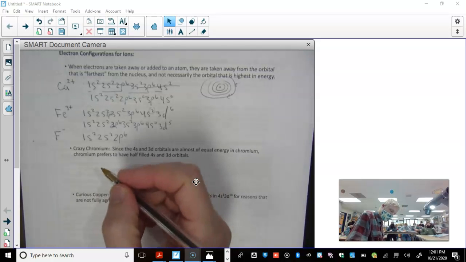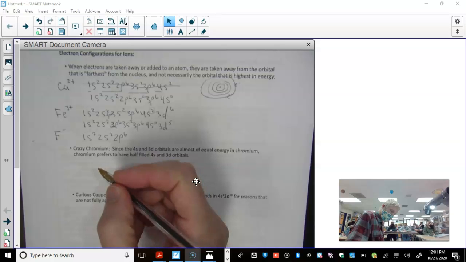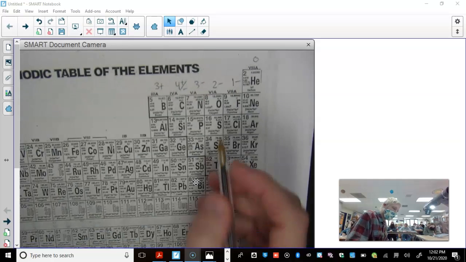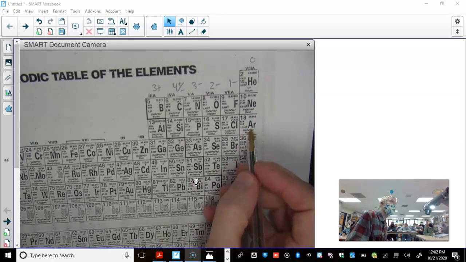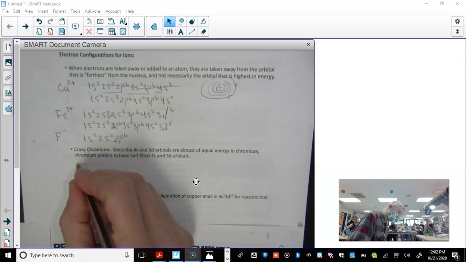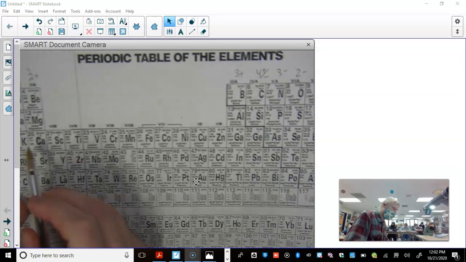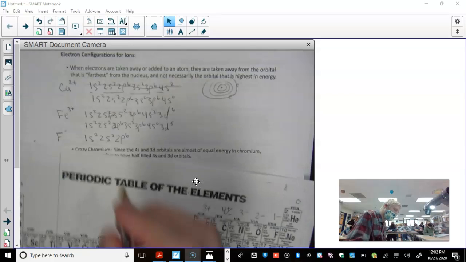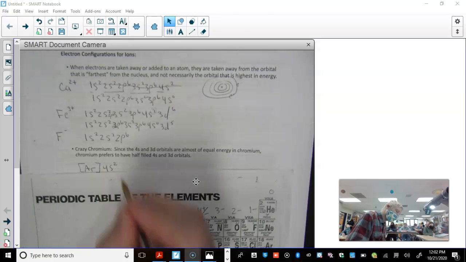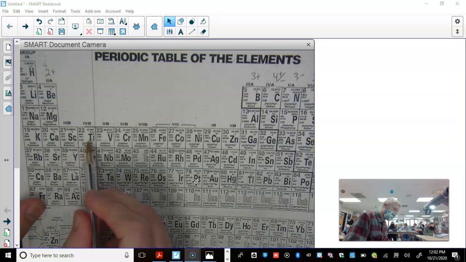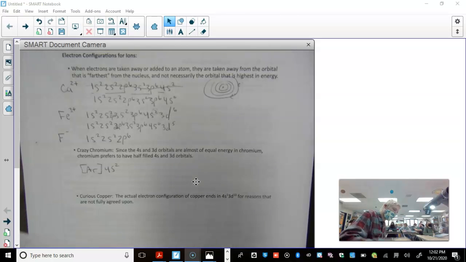So, why don't we do shorthand notation, that should work for this. So argon. Got argon. We're going to 4s2, and then 3d 1, 2, 3, 4.